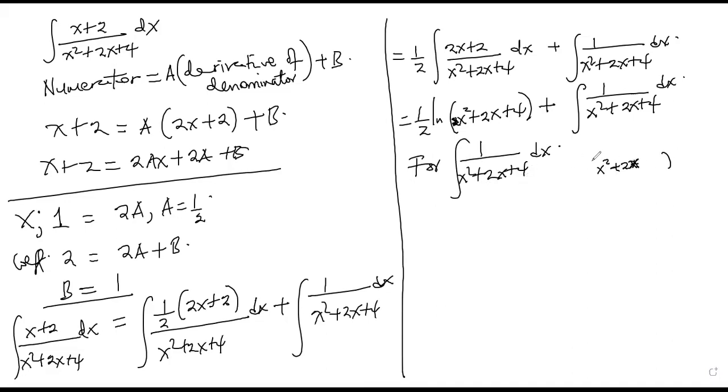We shall add a 4. Then we are looking for what to put here: a half times the coefficient of x, which is 2, then squared, and that is plus 1.